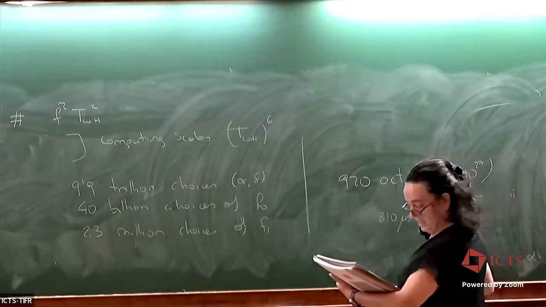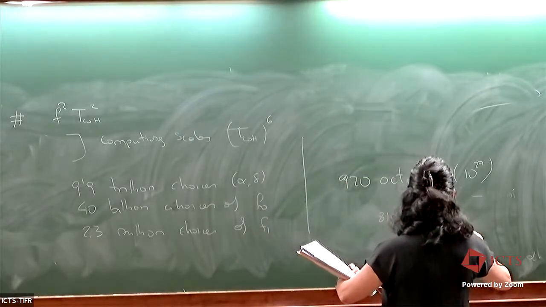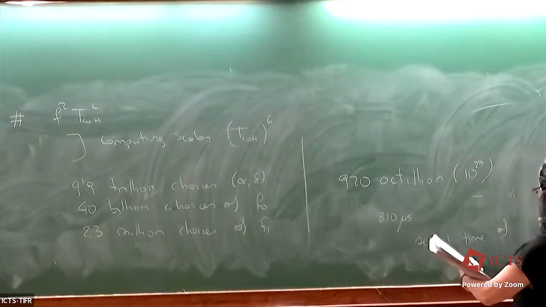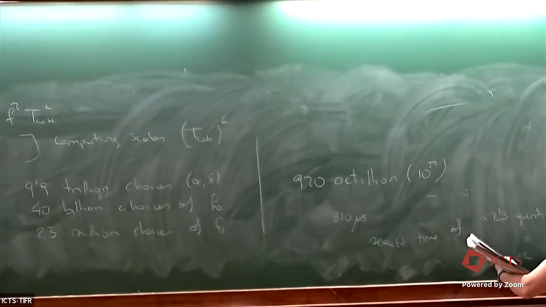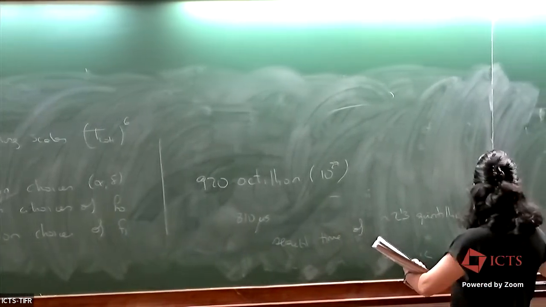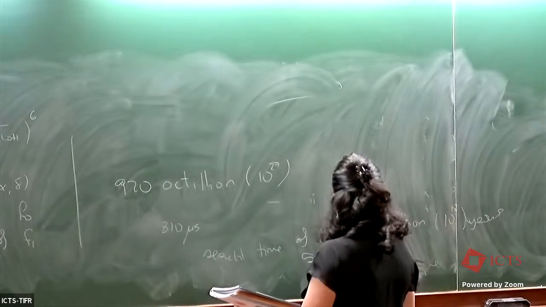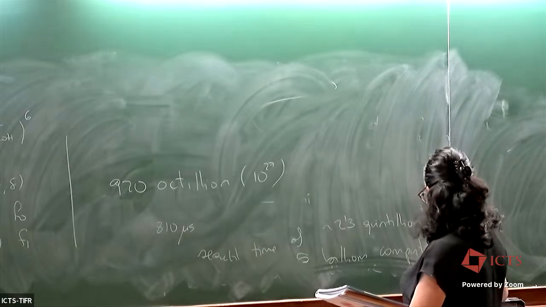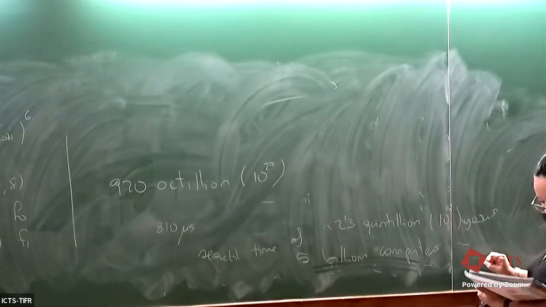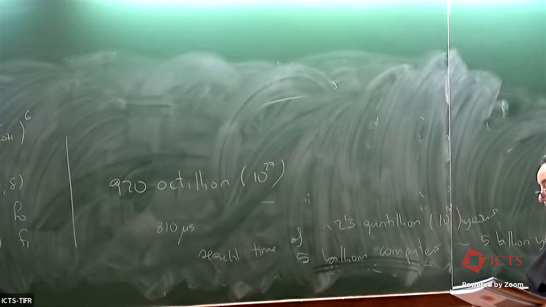So that basically tells me that I would need a total search time of the order of 2.3 quintillion years, basically 5 billion computers running non-stop for about 5 billion years.